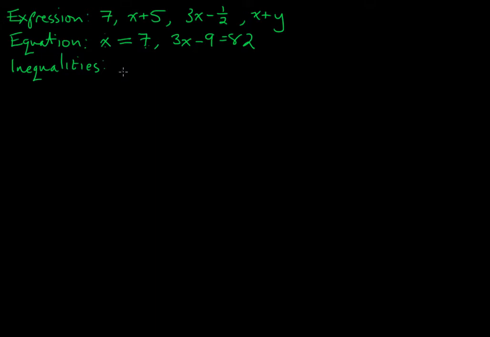They are things like is less than, or is greater than, or is less than or equal to, or is greater than or equal to. So for example, 5x is less than or equal to 18, something like that. Or negative 3y is greater than 12.